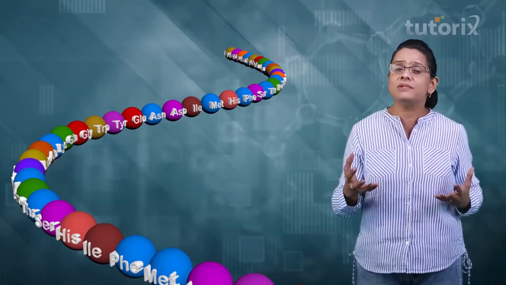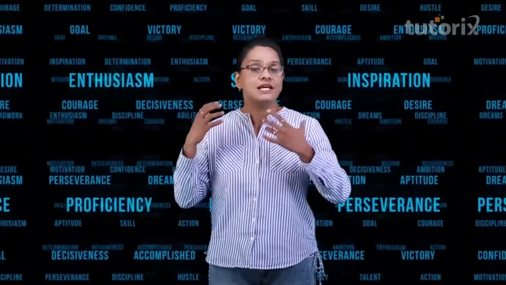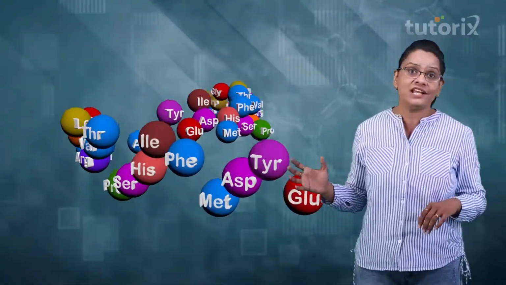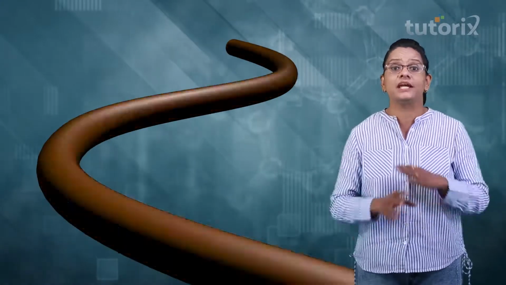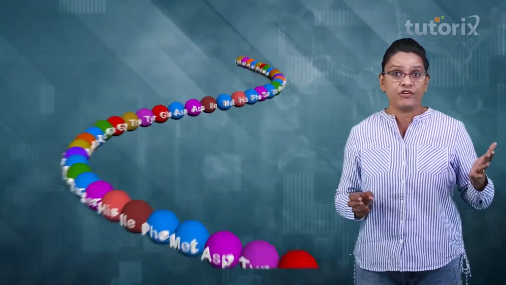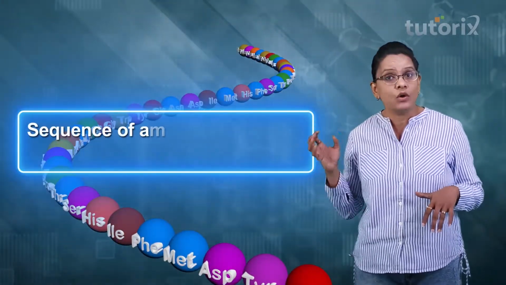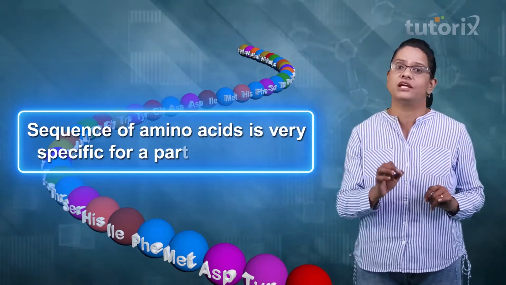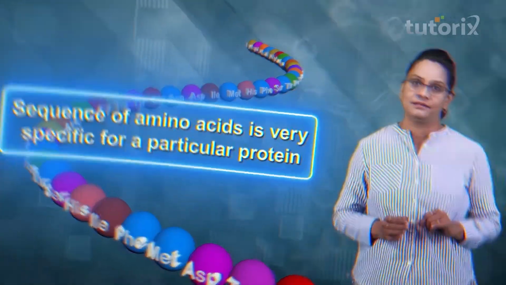And this is similar to the alphabet. So we have a limited number of letters and we can form a variety of words using just these letters. Similarly, using just the 20 amino acids, we can make a number of proteins. Also friends, the sequence of amino acids is very specific for a particular protein.